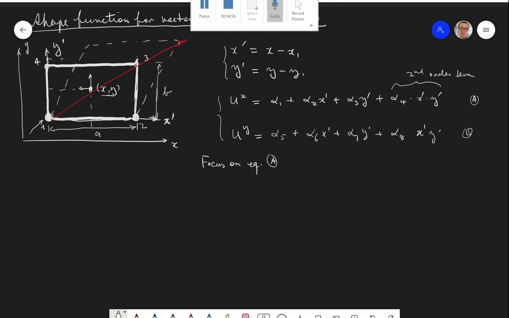And as we showed for the triangular element, what we want to do now is put the displacement at the 4 nodes into the equation.